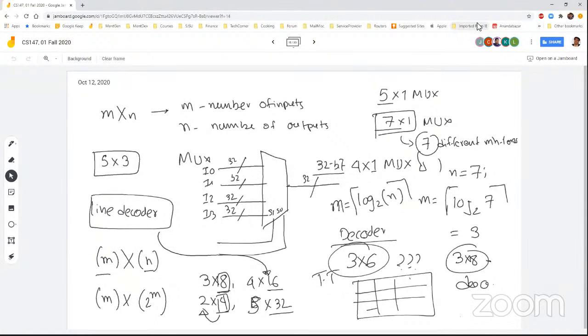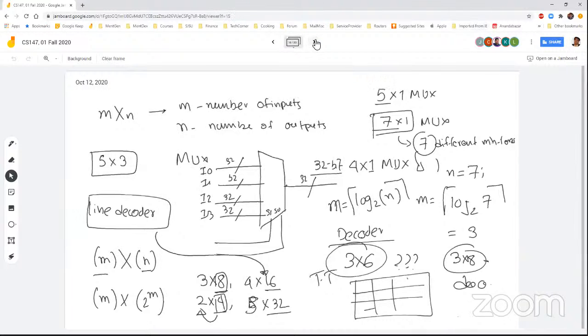So what does it mean in terms of design now?